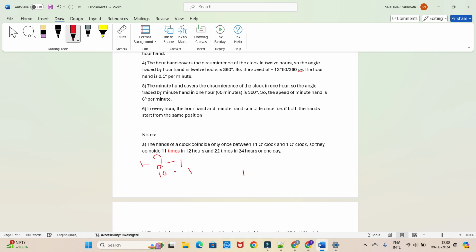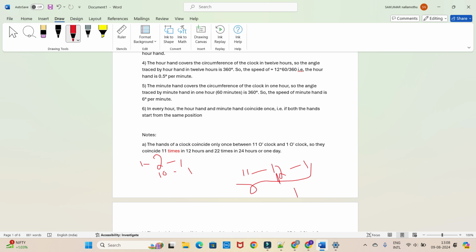But when coming to 11 to 12 and 12 to 1, in these two complete hours the hour and minute hands coincide only once, that is at 12. After 11 o'clock till 1 o'clock, the hands coincide only at 12.